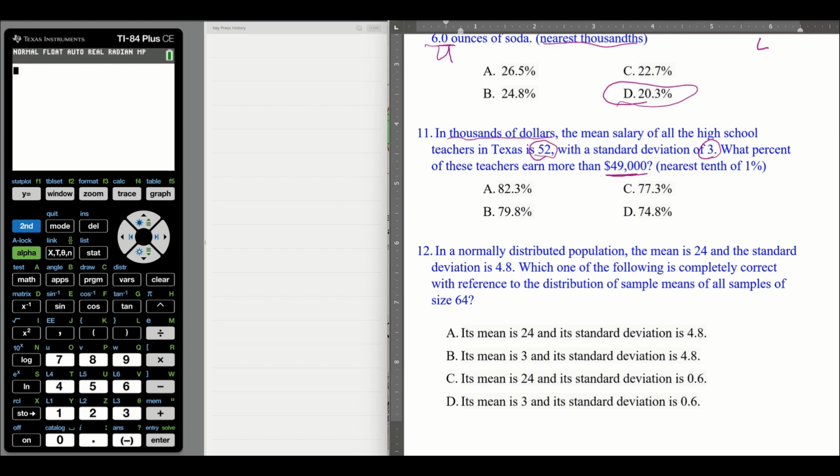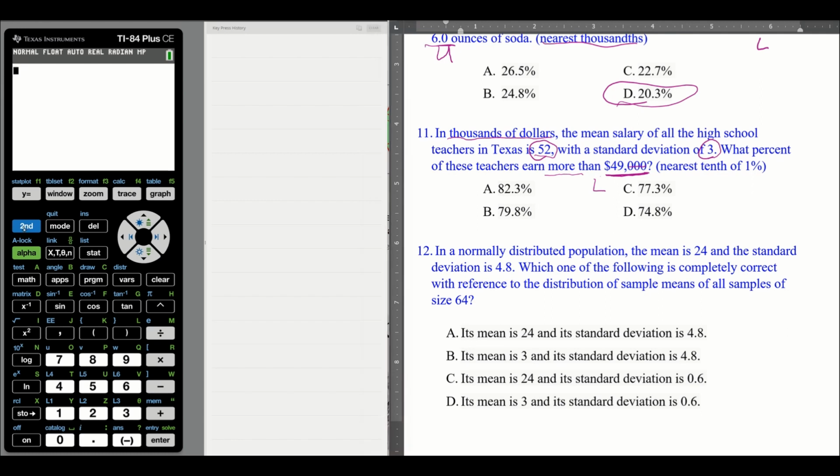So we will make the choice to take off these zeros when we calculate. And it says earn more. This will be our lower bound under our normal curve.